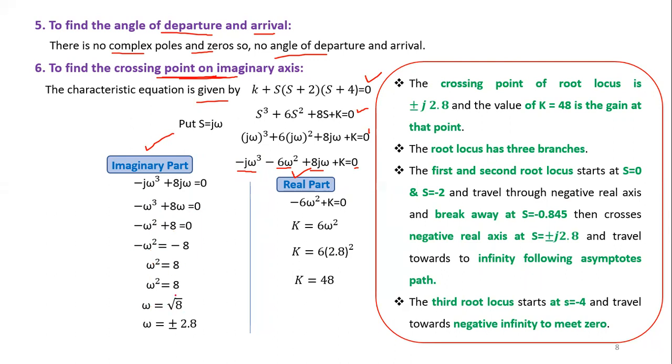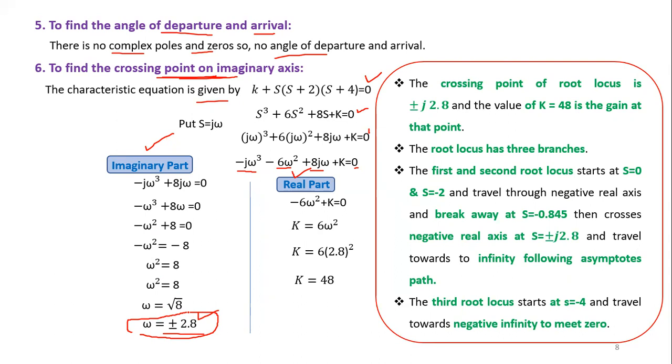From that, omega is root of 8, which is plus or minus 2.8. So plus 2.8 and minus 2.8 are the imaginary axis cutting points.